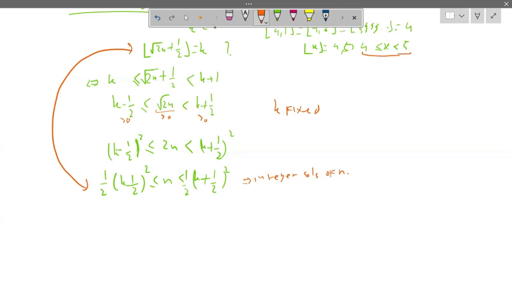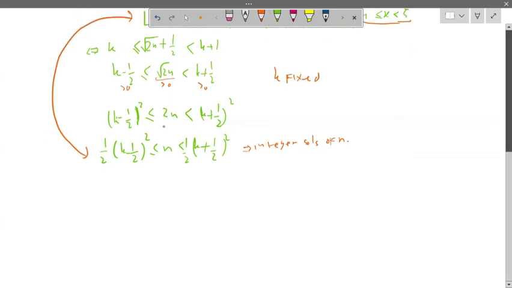So we're only looking for the integer solutions of n. Now I'll stop here, and then we'll take a look at just the width of this interval. So there's an interval, and we'd like to know how large this interval is.